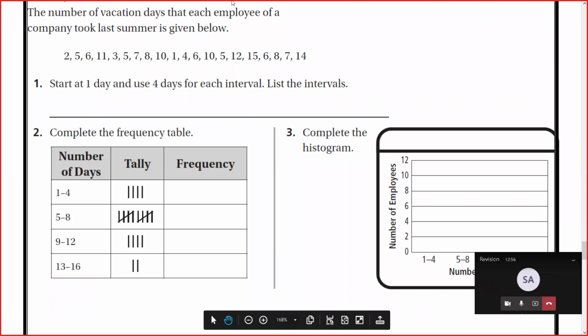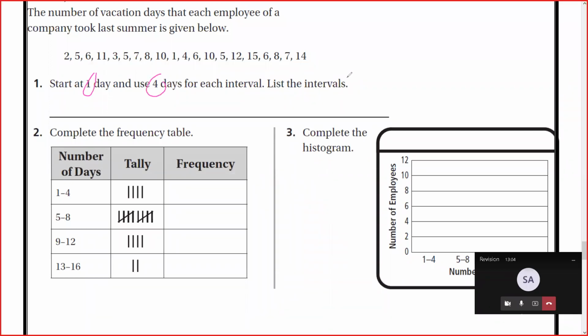In order to write the frequency table, you have to start from 1, as it told you, and stop at 4. Count on your fingers: 1, 2, 3, and 4. So the first interval is from 1 to 4. The second one starts from 5.